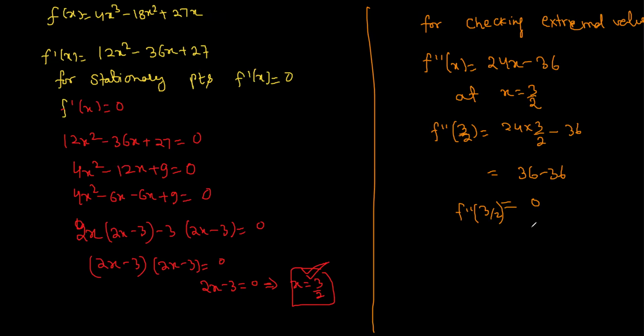0 means stationary point is there, no issue. This is called saddle point. Yeah. At x is equal to 3 by 2. You can say x is equal to 3 by 2 is a saddle point. Saddle point means it gives nothing.